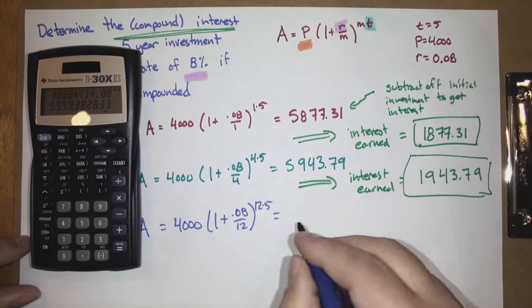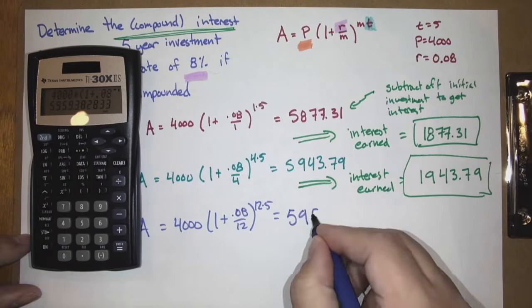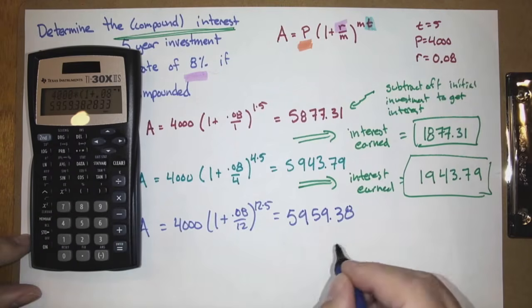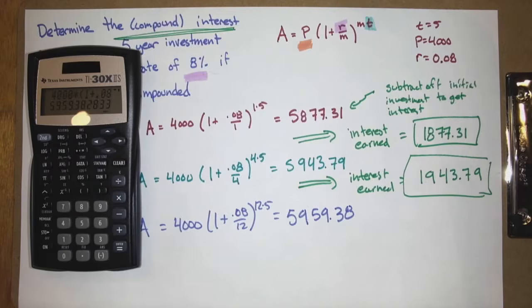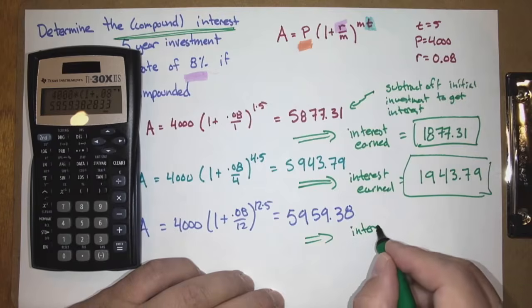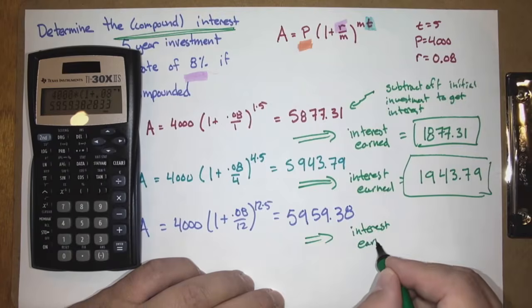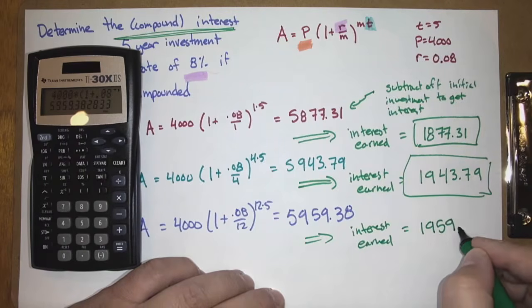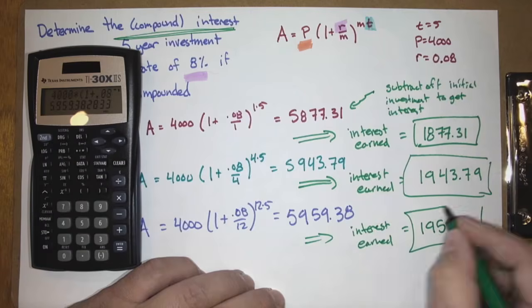That becomes $5,959.38. And that tells us, lo and behold, our interest earned is $1,959.38. Again, we went up.